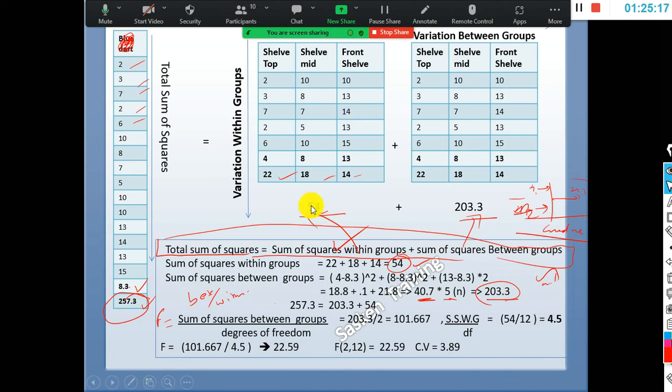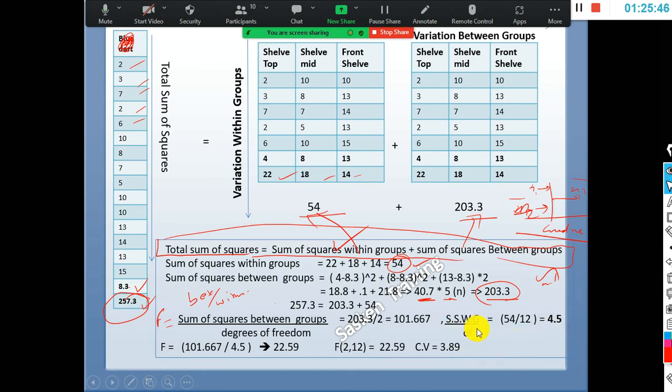Sorry, within groups we already computed 54, divided by the degrees of freedom, which is 12 in this case. Here 15, right? So for each group, degrees of freedom 1, degrees of freedom 2, degrees of freedom 3. So 5 minus 1 is 4, and 5 minus 1 is 4, and here 3 4s are 12. Got it? Degrees of freedom, and 54 divided by 12, you will get 4.5.